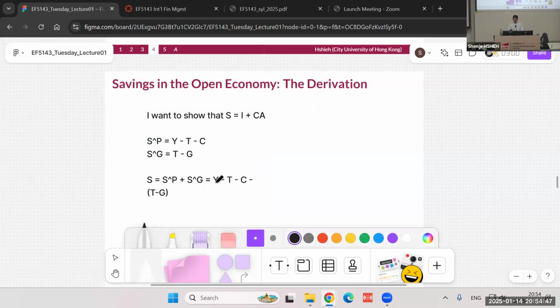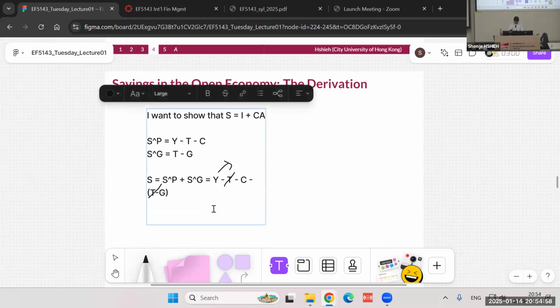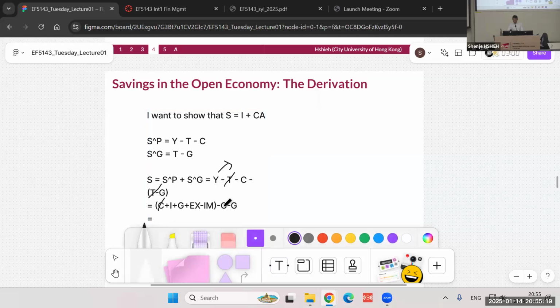So the T's cancel out, right? And we can expand the Y. Let me write out the Y: C plus I plus G plus EX minus IM, minus C minus G. And that's going to be equal to, the C's cancel out and the G's cancel out, right?